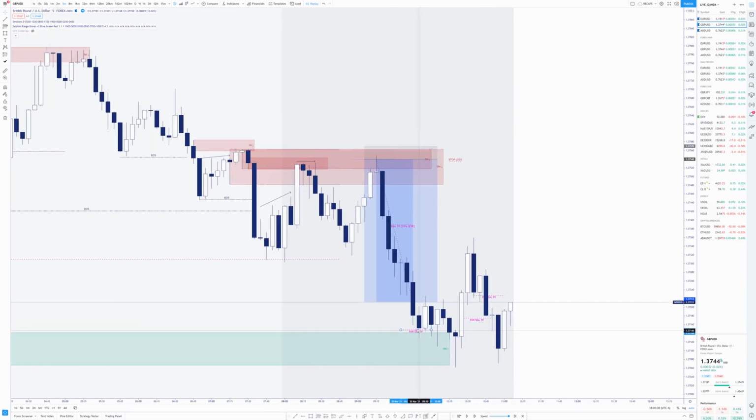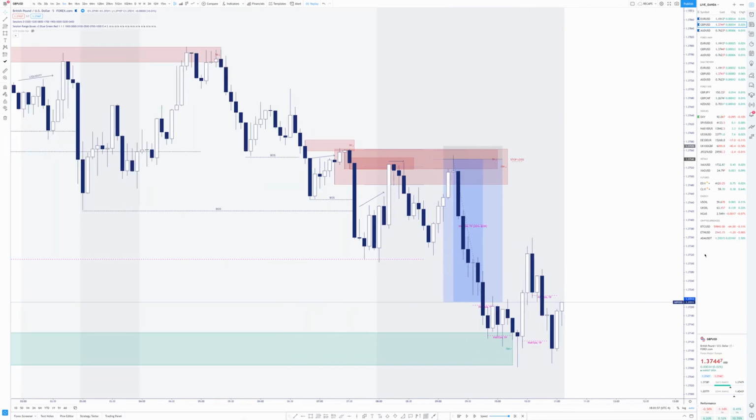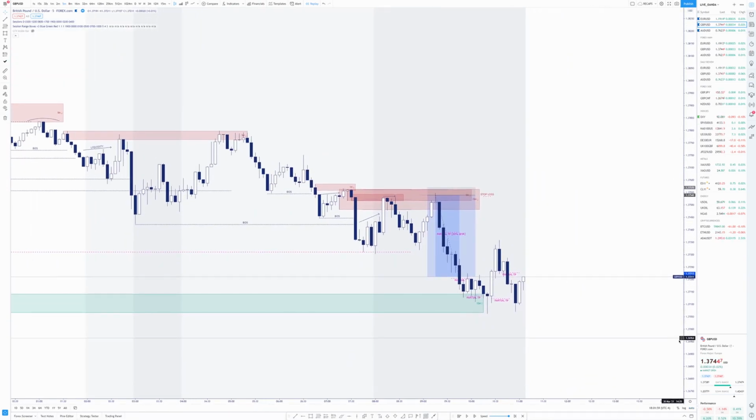Actually, this should be a little bit higher, so it should be like this. And there's one down here, and another one here. So those are the 5 partial TPs that I took, 20% each, which again ended up being about 8.6R roughly. That's what I have here in my calculation. So that's what I took out of it.